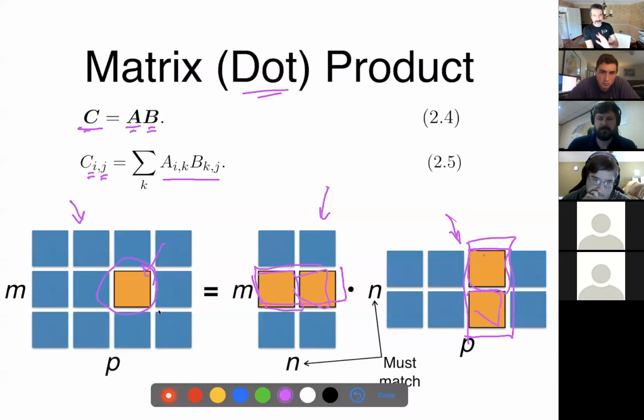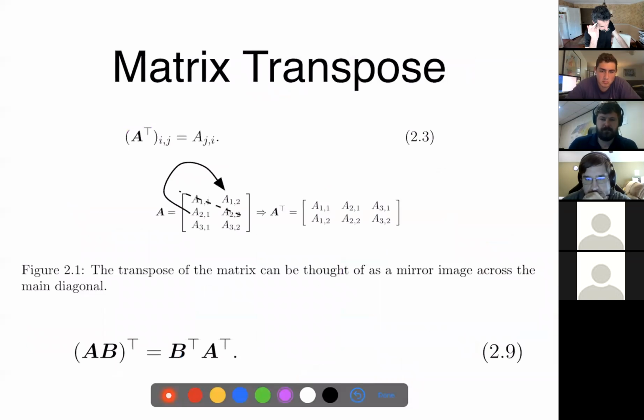And you know that in linear algebra, the dimensions should match, right? So this I presume you already know, and if you have questions, let me know if you want me to explain more, but these are easy. Also we need to know about matrix transpose.